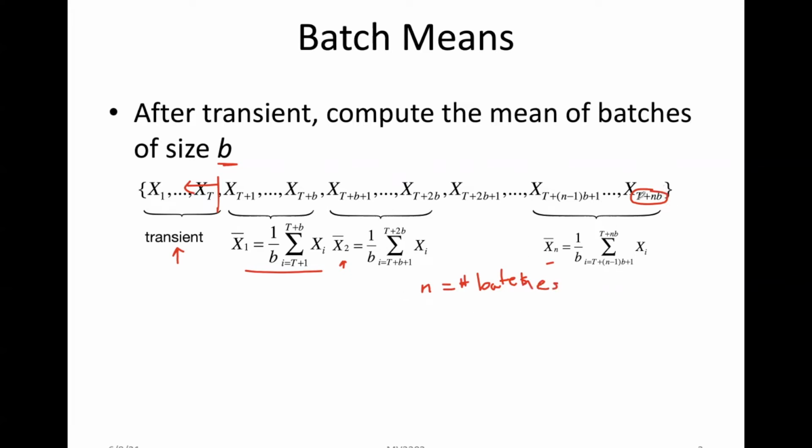So the transient observations plus the number of batches times the batch size, that's how many total observations we'll need.